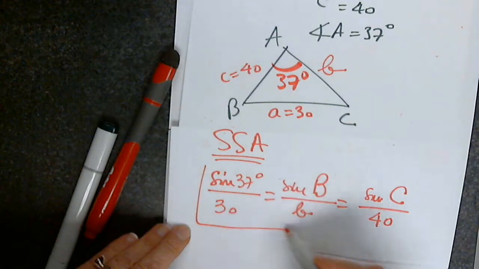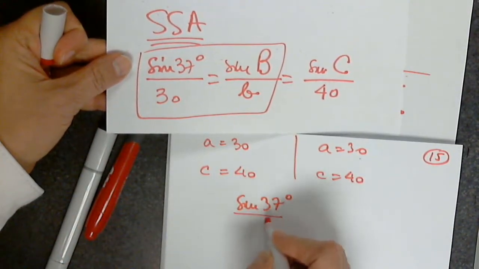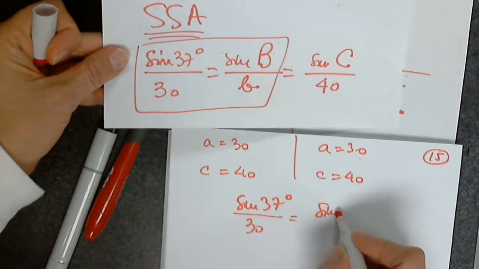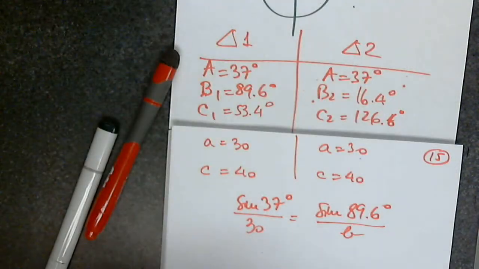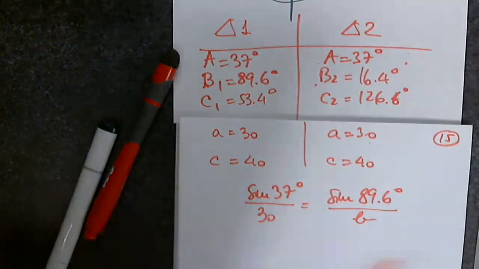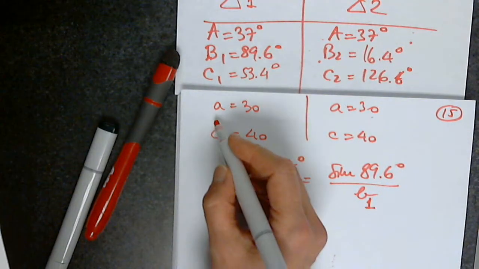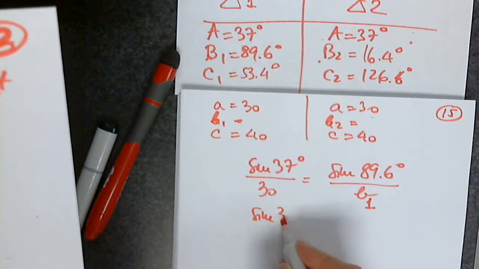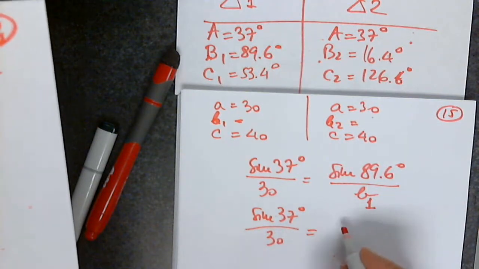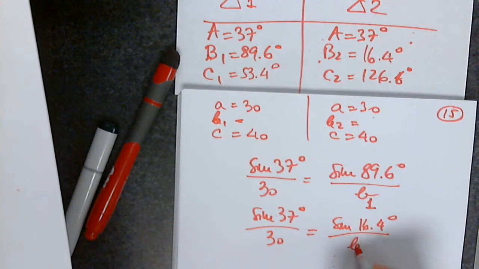From this proportion, sine 37 over 30 equals sine 89.6 over b, I will determine b1. And b2 will be determined from sine 37 degrees over 30 equals sine 16.4 degrees over b2.